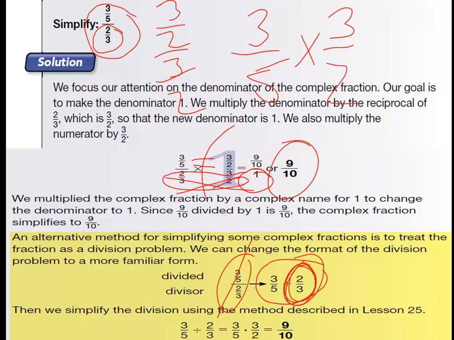To me, that's easier than doing the 1. But it's up to you. Whatever is easy, whatever keeps it straight. I'm going to do it this way for this lesson because it's new and I want you to learn it. And because so many of you get confused and flip the wrong thing and end up multiplying by the wrong reciprocal.